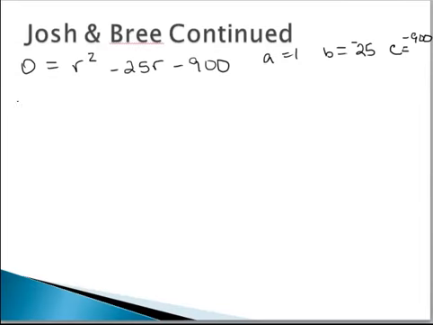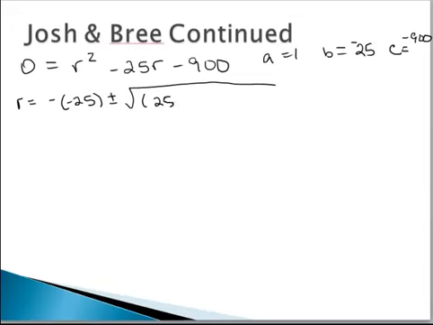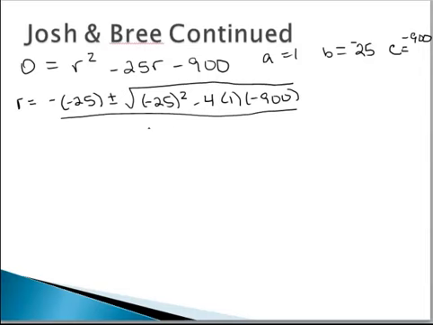So we have r is equal to negative b plus or minus the square root of b squared minus 4 times a times c, all over 2a.